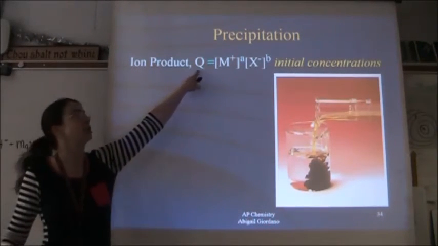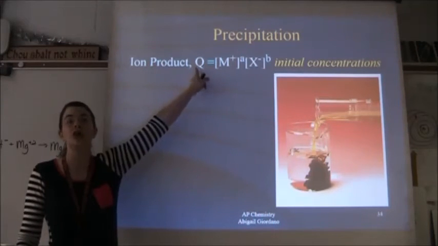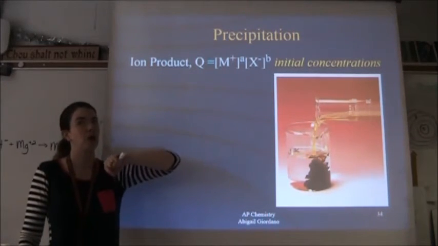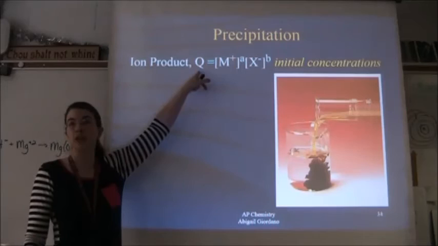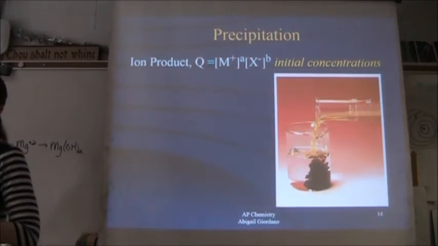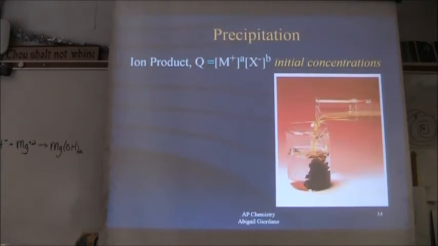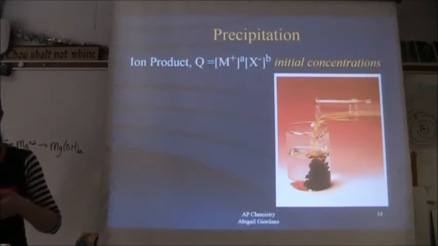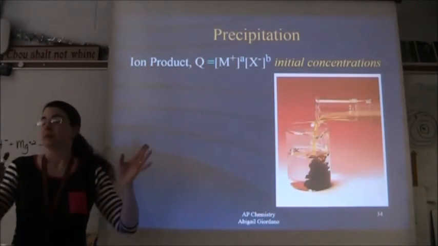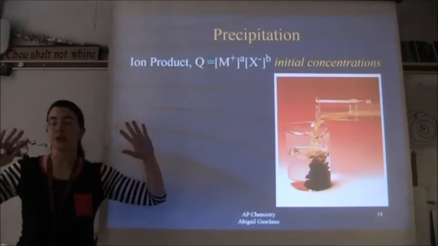Guys, we have actually seen this before. We called it something different though. We called it, the first time we saw it, the reaction quotient. That's why it has a Q as its variable. Bells may still not be going off in your brain, and that's okay.